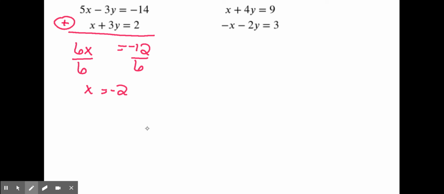So x is negative 2. Now this next part is just like the substitution we did in the previous lesson. So I want you to pick which equation you want to use, 5x minus 3y equals negative 14, or x plus 3y equals 2. Plug in x and you tell me what the value of y is.